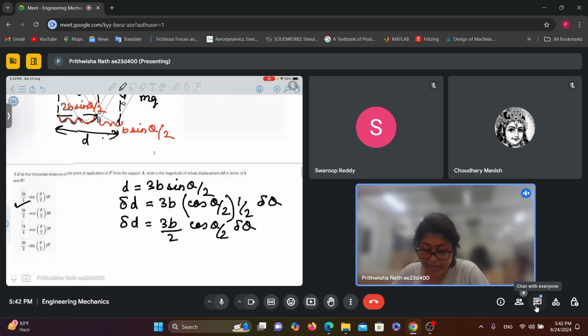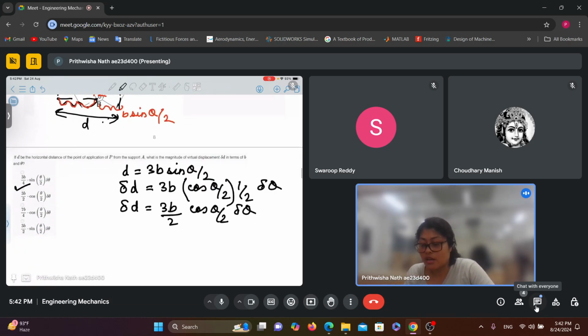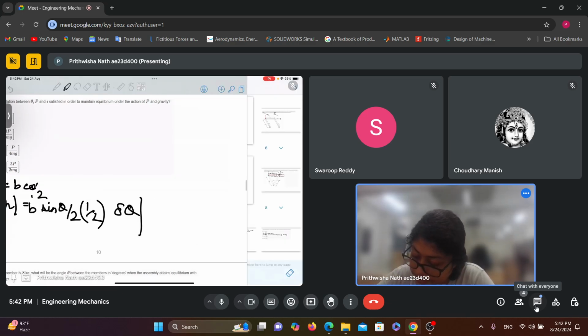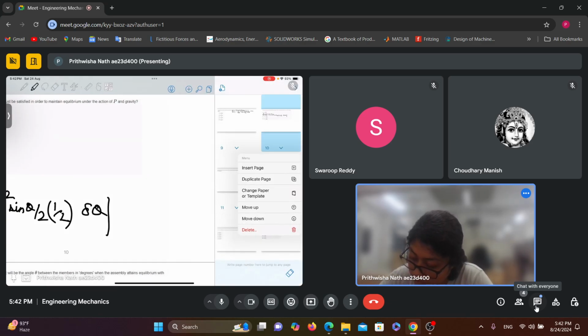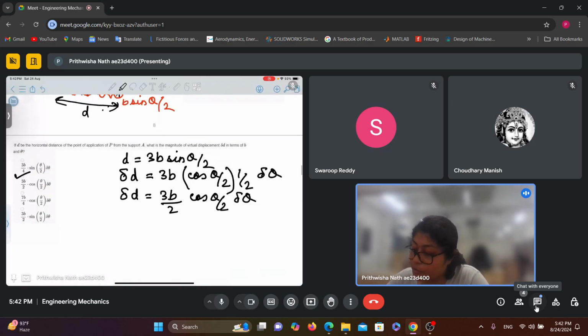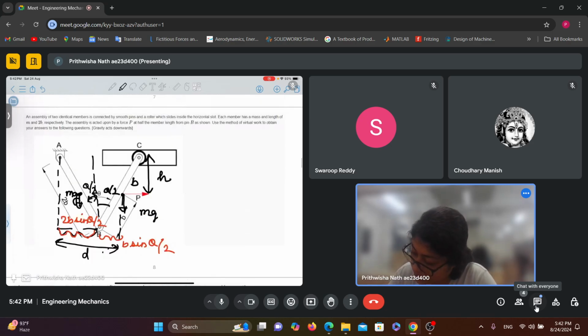So there will be a negative sign in the equation. And the displacement due to P is in this direction only, towards the right. So the work done due to P would be positive, right? And the work done by gravity would be negative.